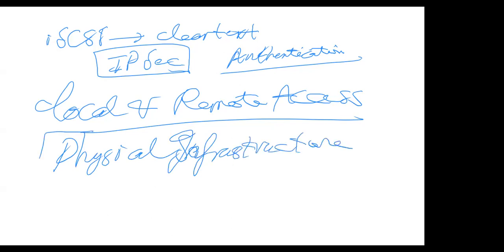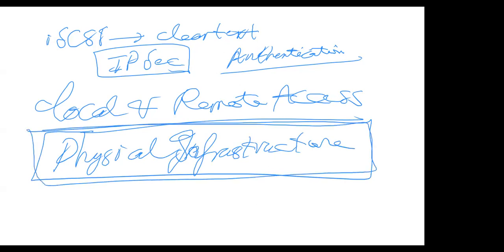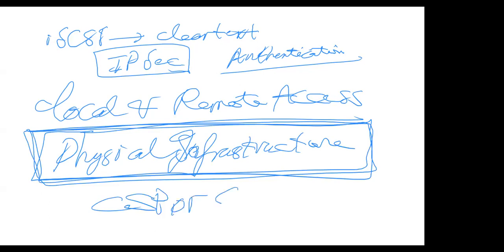Who will have access to this physical infrastructure? The cloud service provider or the cloud service customer, or both of them? It depends on the cloud type, whether it's public or private, but usually it will be the cloud service provider, unless we have a private cloud, where it will be the cloud service customer.